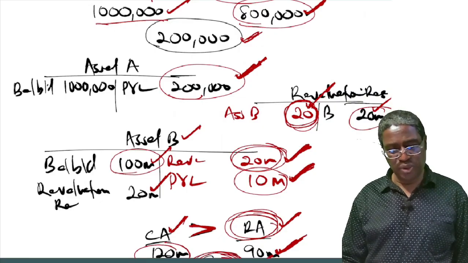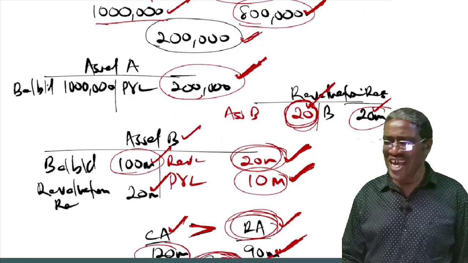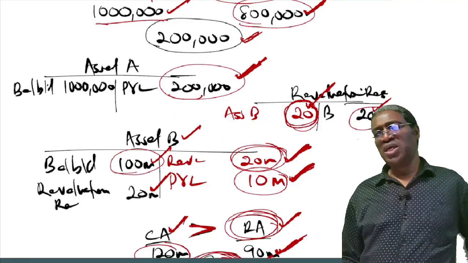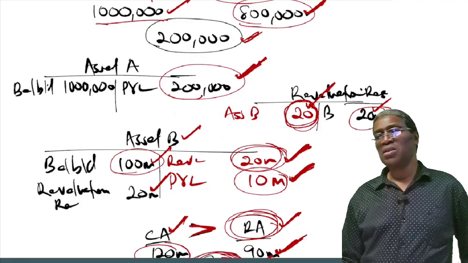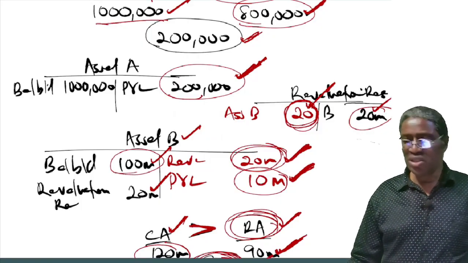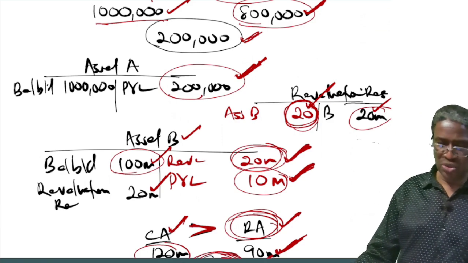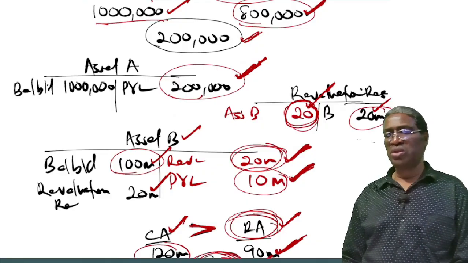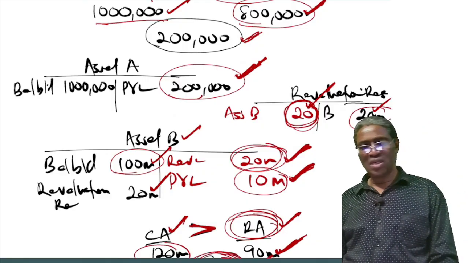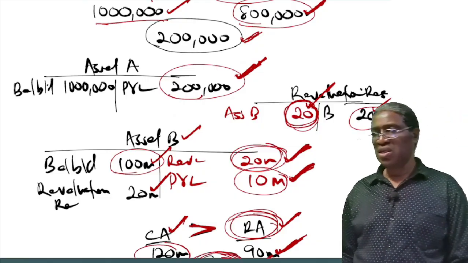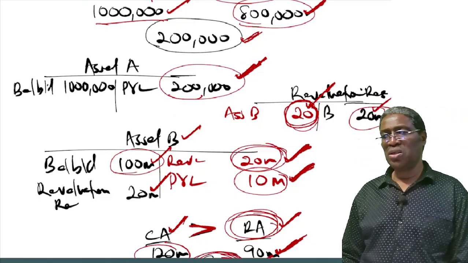Any cash received or paid at the end of the useful life of the asset due to the disposal of the asset.